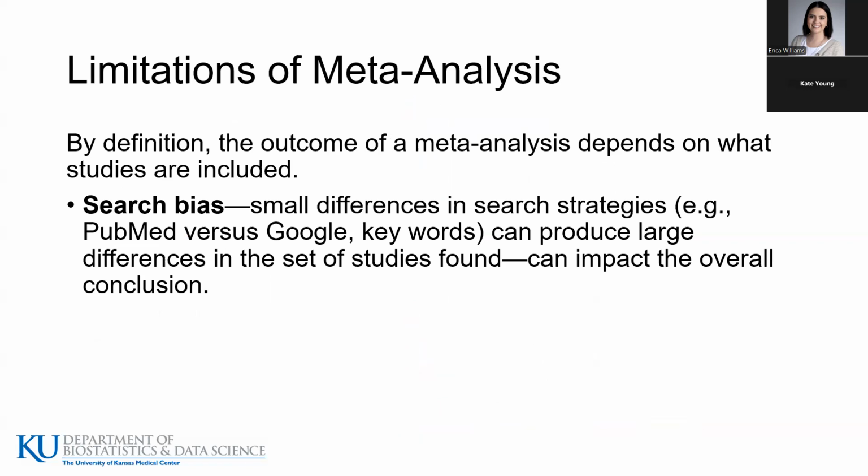By definition, the outcome of a meta-analysis depends on which studies are included. So even in the ideal case where all relevant studies are available, that is, where there's no publication bias, a faulty search can miss some of them.